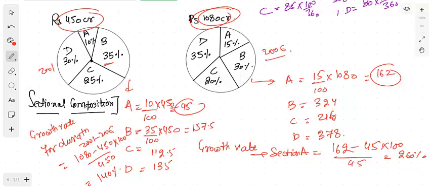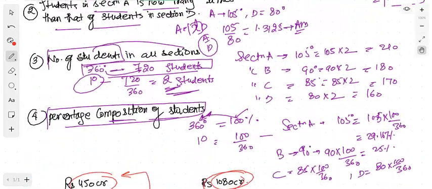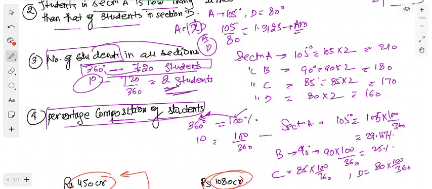Okay, so this is the second kind of pie chart, in which the percentage values you can convert into absolute terms by taking the percentage of the total values. And in the last example, I have already discussed that you just have to understand the question they are asking. If they ask you to find the number of students, then you have to convert the angular form into the number of students, since 360 degrees is the total composition, so 1 degree will be this number of students.